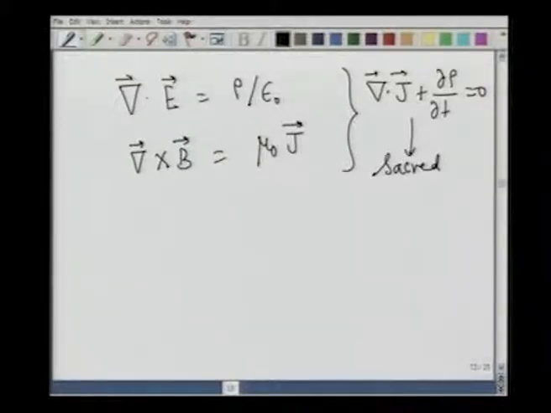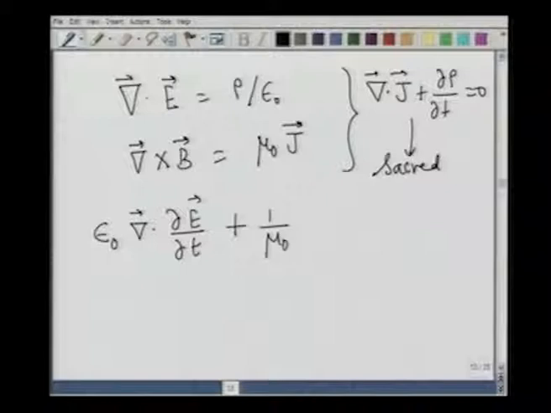Now, if I look at these two equations and start studying the properties, I have ρ equal to ε₀ divergence of E. Therefore, I have ε₀ del dot ∂E/∂t, plus, this is my ∂ρ/∂t term, I have to write my divergence of J, but J is 1 over μ₀ curl of B. Therefore, 1 over μ₀ divergence of curl of B equal to 0.